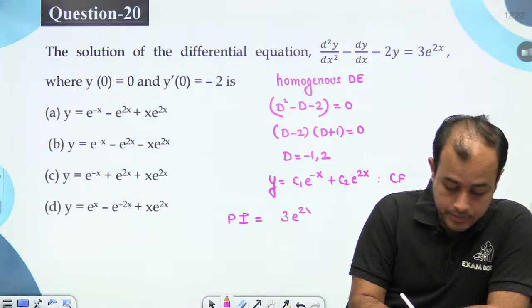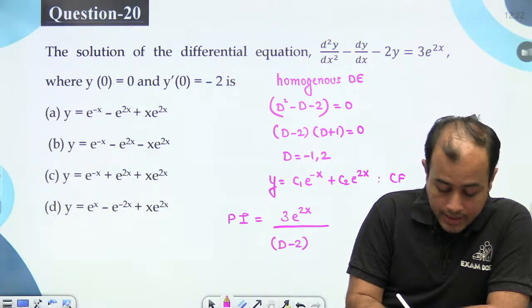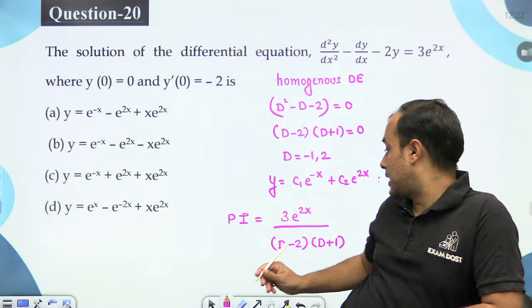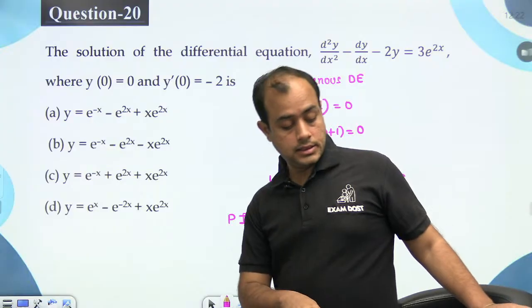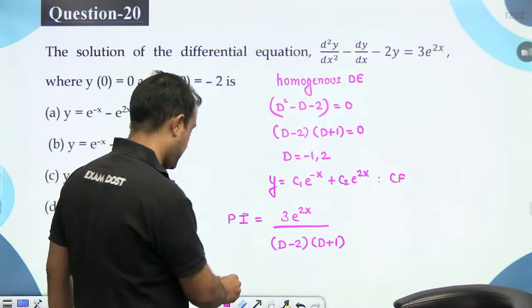Now I cannot directly put D equal to 2, because 2 is a root of this.